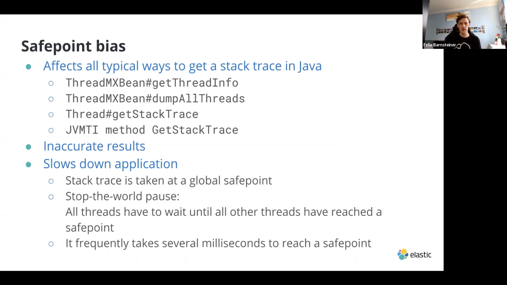And there's also the JVMTI method GetStackTrace. That's basically a native method, but even that is affected by the safepoint bias. So not only can you get inaccurate results because of that, but it can also significantly slow down your application.